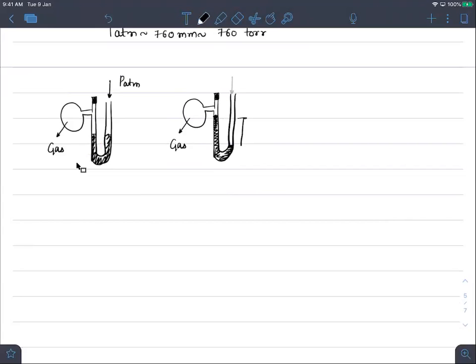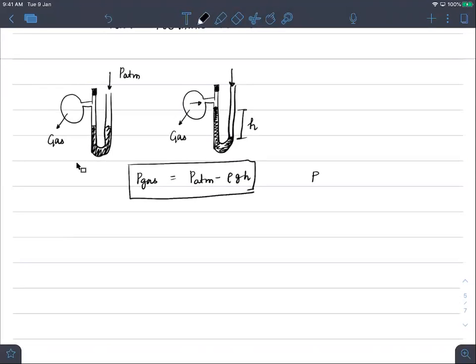This new height which has been made here is the resultant of this pressure and the pressure due to gas. So pressure of the gas is equal to pressure because of atmosphere minus rho gh. That is the resultant pressure which you will get.